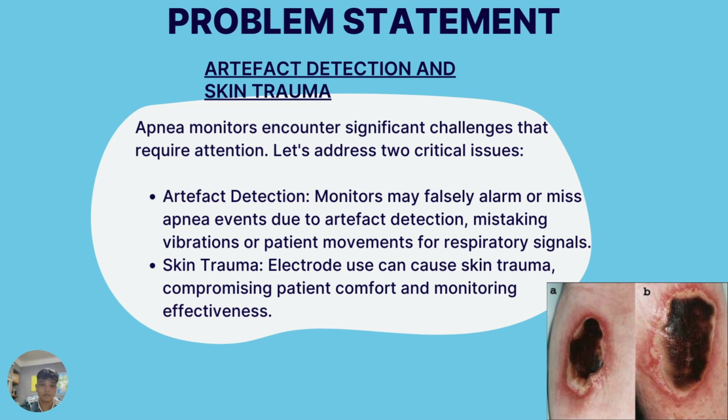These artifacts may include vibrations from nearby instruments, patient movement, electromagnetic interference, or even the patient fidgeting with the electrode placed here, right? The patient would fidget about maybe because it's itchy or something like that. It could also be a key factor as it could be misinterpreted as respiratory signals, leading to false alarms or missed apnea events.